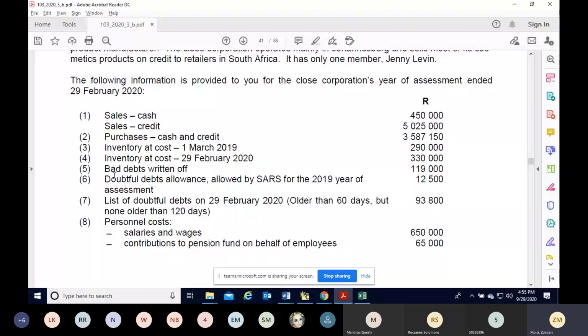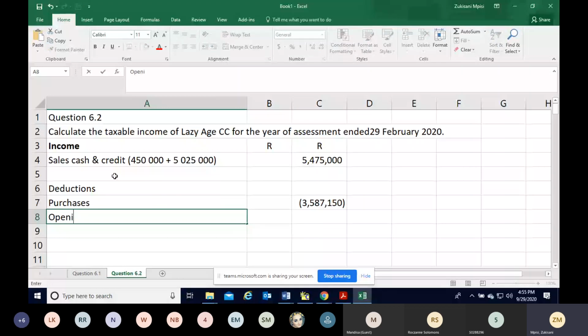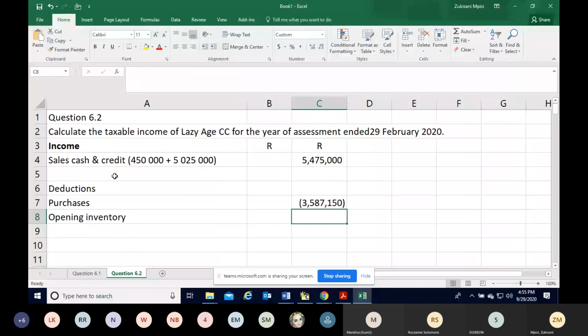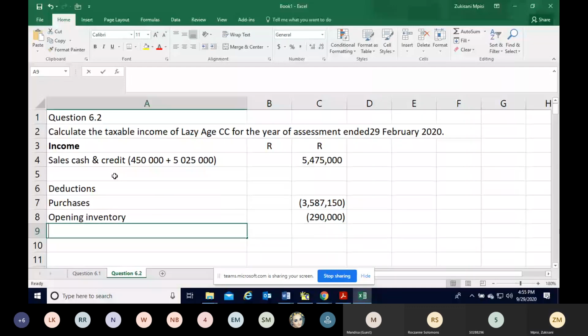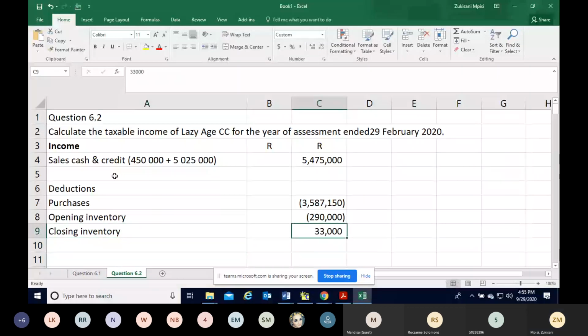We've got opening inventory 290,000. Then we've got closing inventory of 330,000, which becomes a positive. Then we have bad debts.